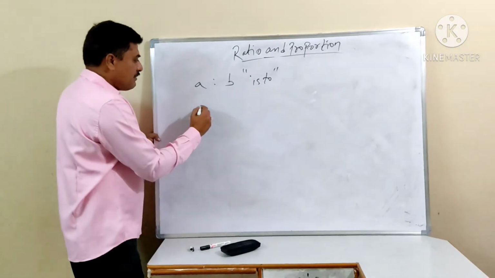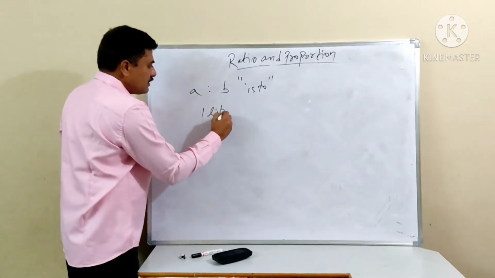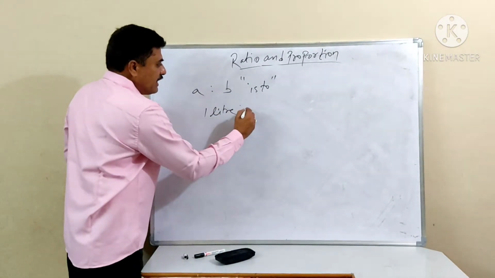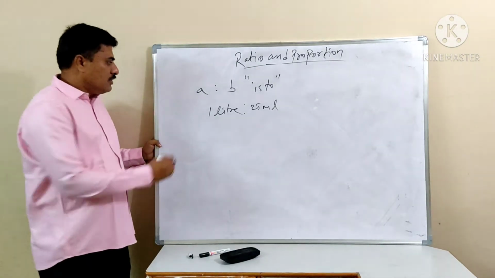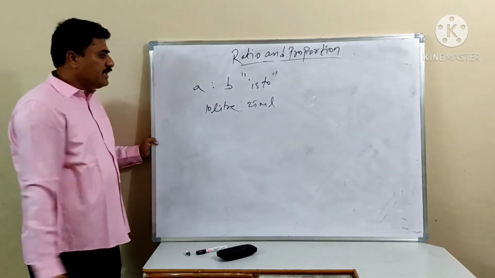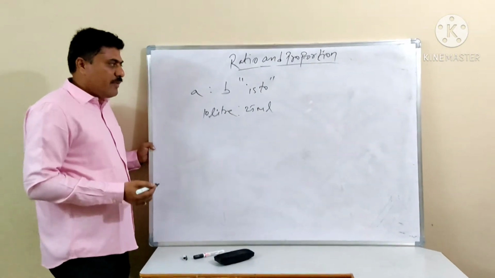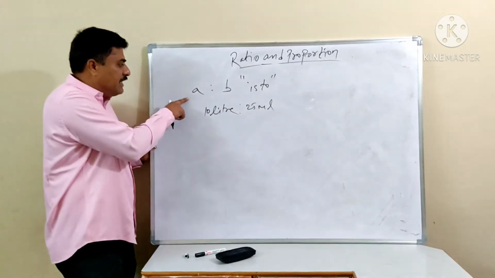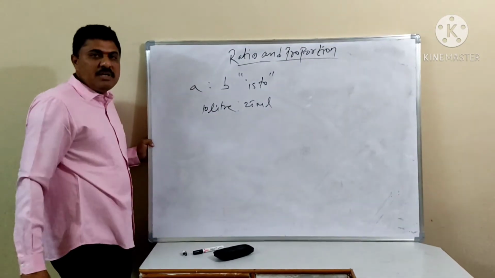For example, I am taking one value as 10 liters and the other as 25 milliliters. Here the first quantity is in liters, the second quantity is in milliliters.